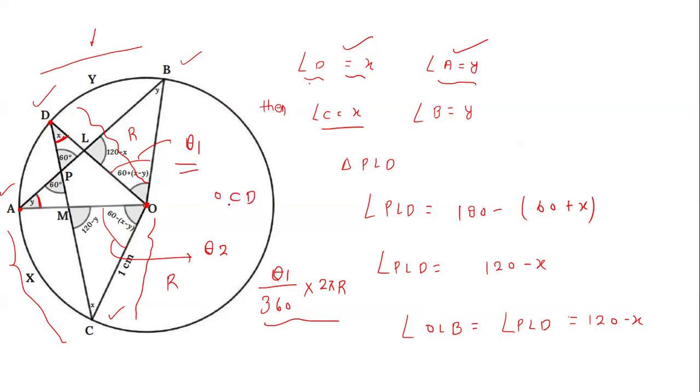If this is angle x, then this angle must also be x, because this length and this length are the same. Similarly, the angle B will also become y, because in the triangle AOB this length is equal to the radius and this length is also equal to the radius. So if this angle is y, this angle is also y.